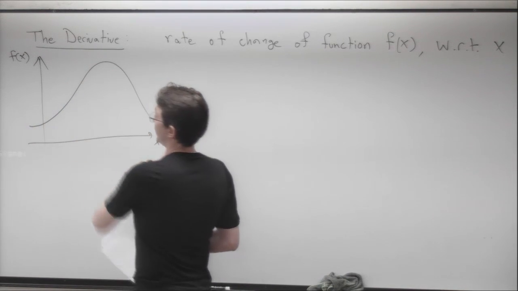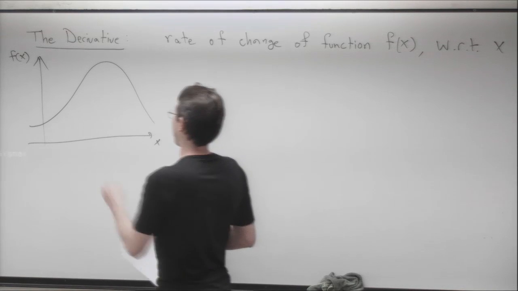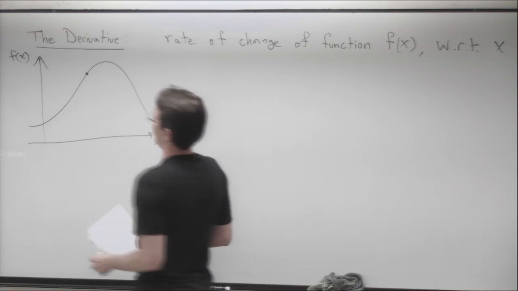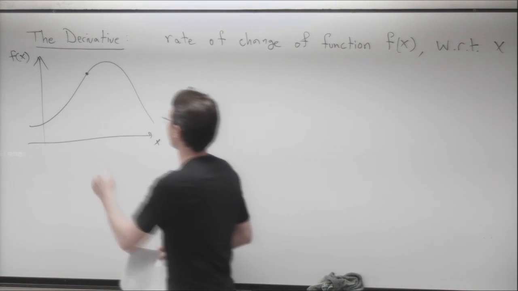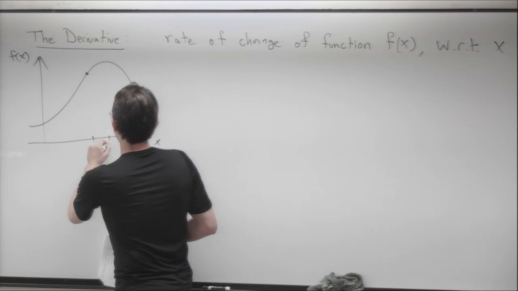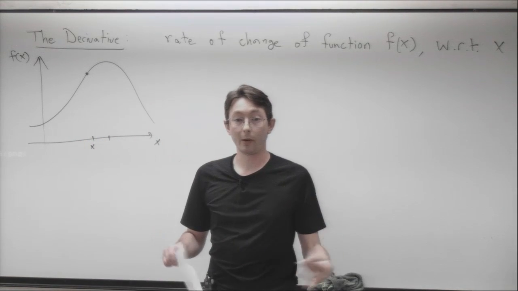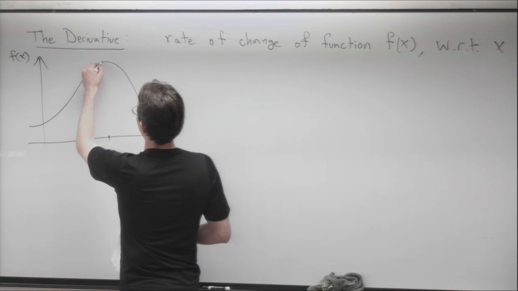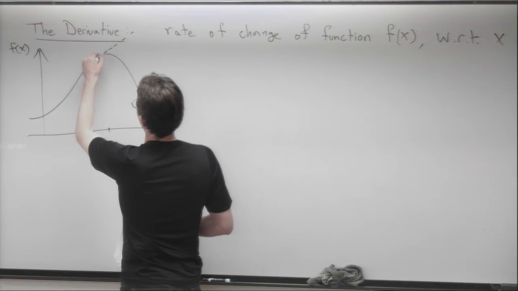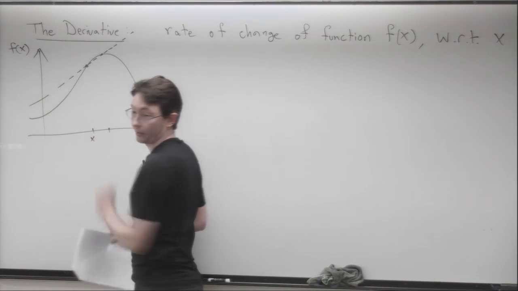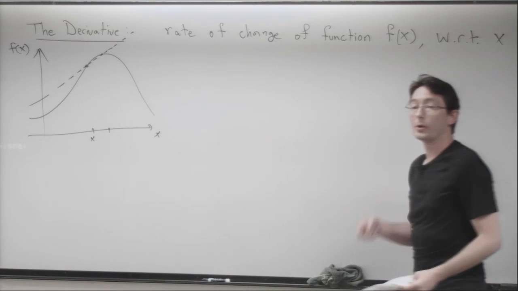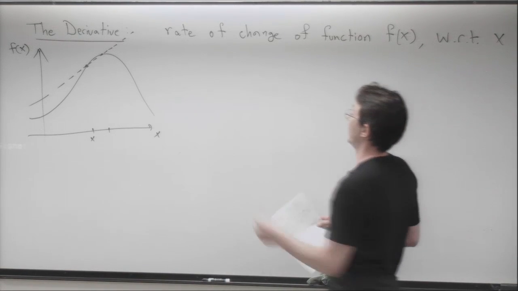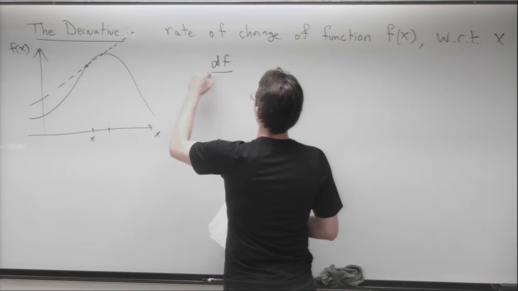So we have some function f of x. We care about looking at the derivative at some point x. And we think that the derivative means the rate of change of f with respect to x. And that means the slope of the tangent line at that point x. Okay, so we can do a pretty good job of approximating this derivative, df dx.